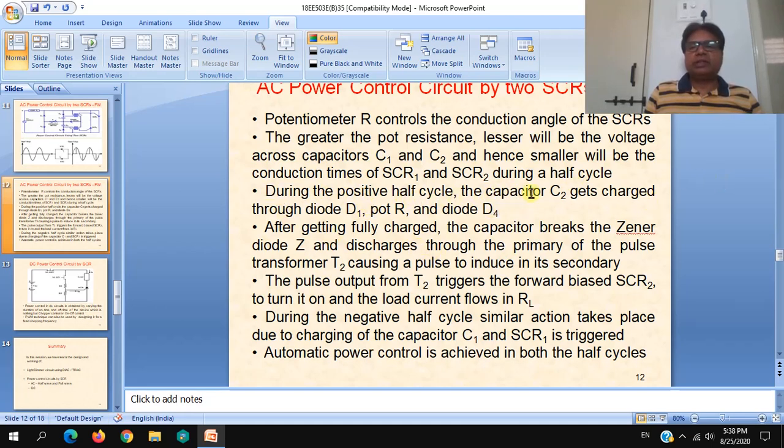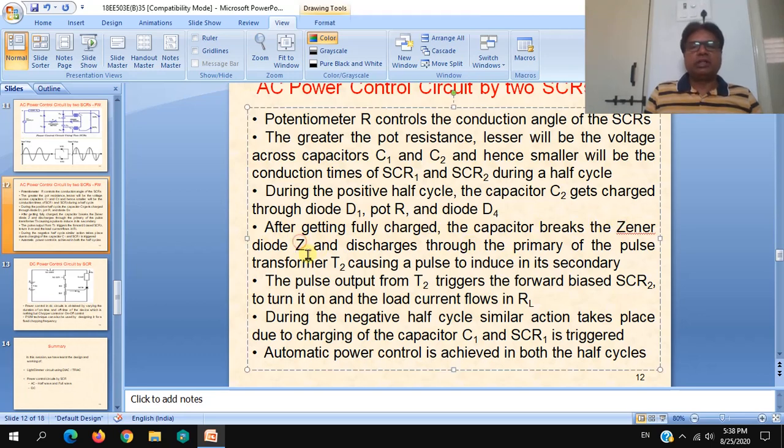During the positive half cycle, capacitor C2 gets charged via the path. After getting fully charged, the capacitor breaks down the Zener diode Z in reverse and discharges through the primary of the pulse transformer T2, causing a pulse to be induced in its secondary. The same thing is repeated for the negative half cycle.